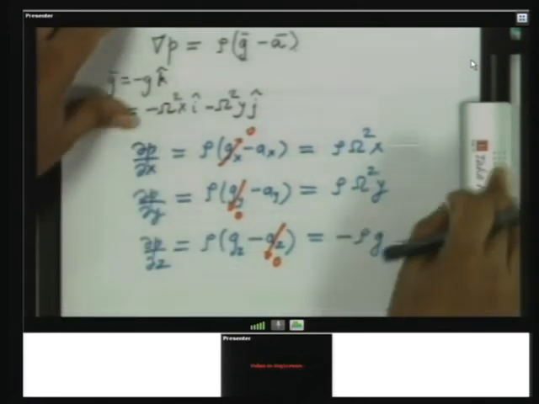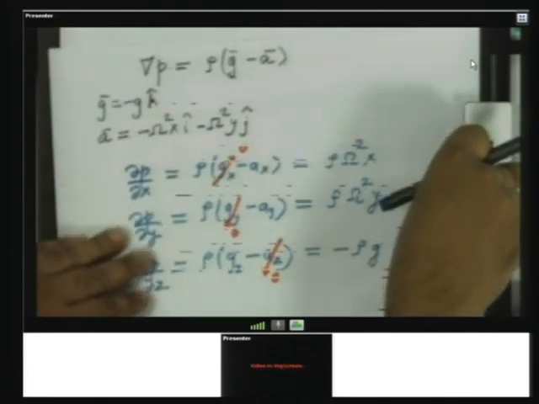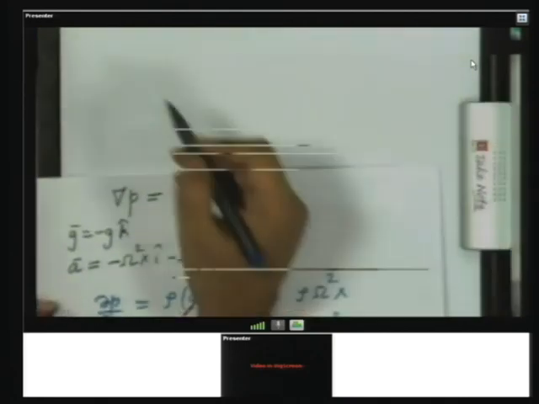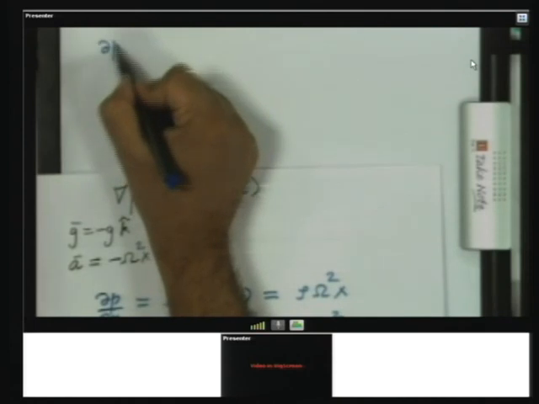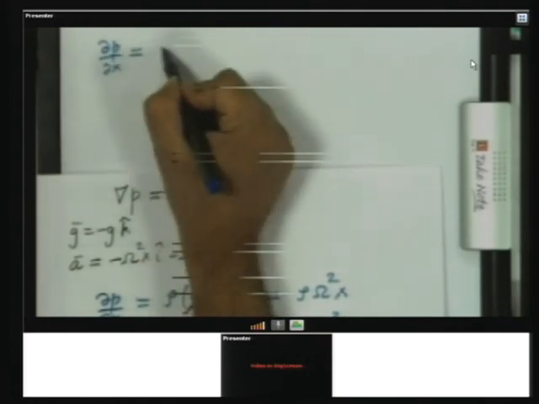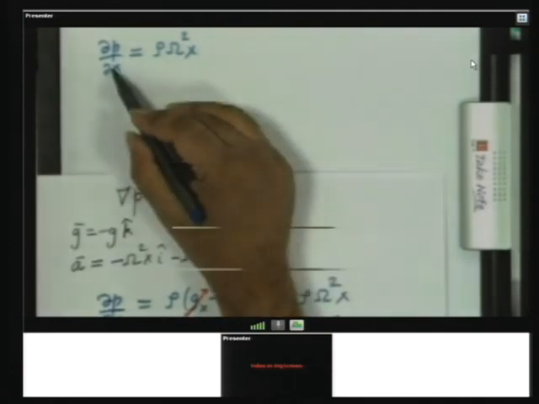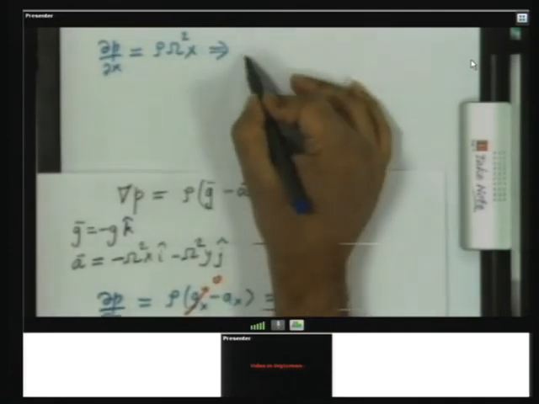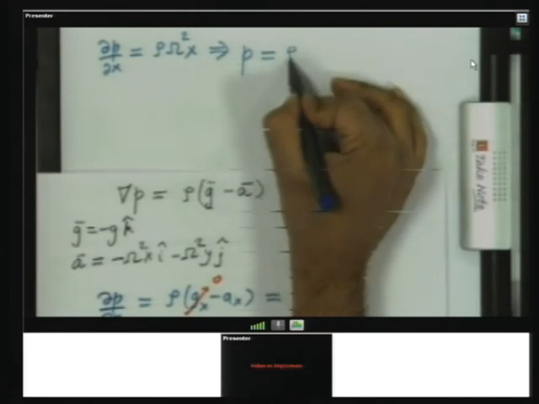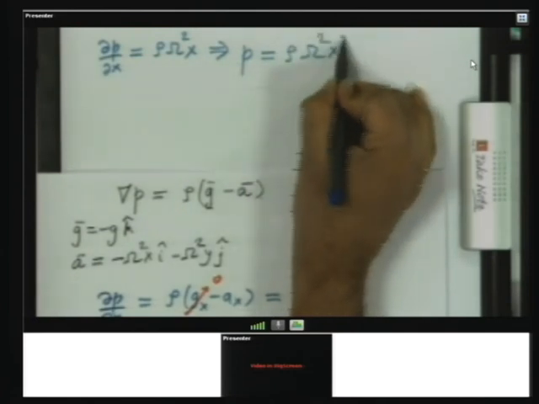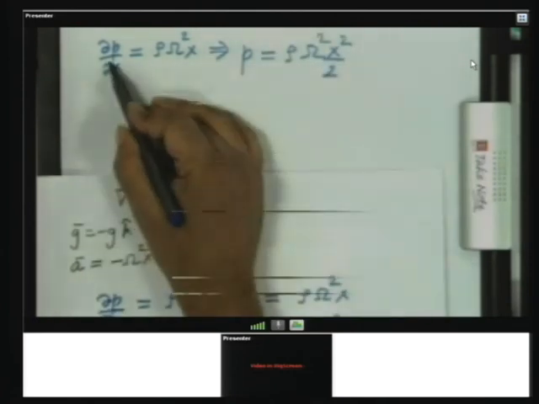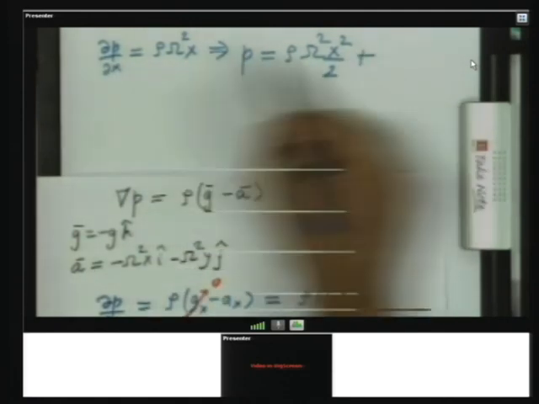So, there are two ways to solve this equation. First of all, let me start with del p del x is equal to rho omega squared x. This is a partial derivative. So, if I integrate this, you are going to get p is equal to rho omega squared x squared by 2. Now, had it been dp dx, you would have had a constant, but this is del p del x.